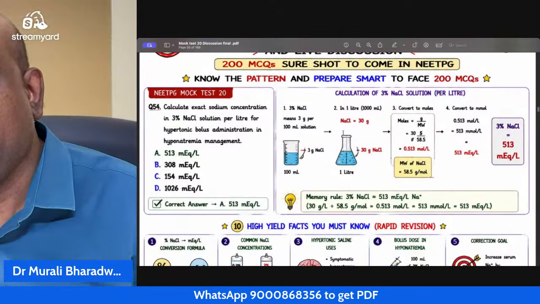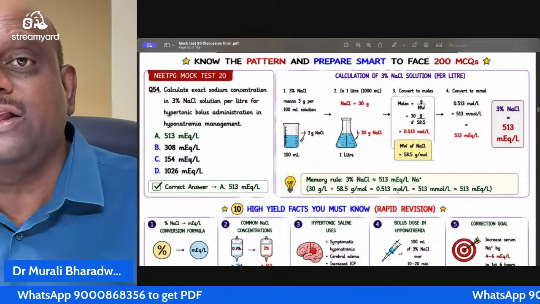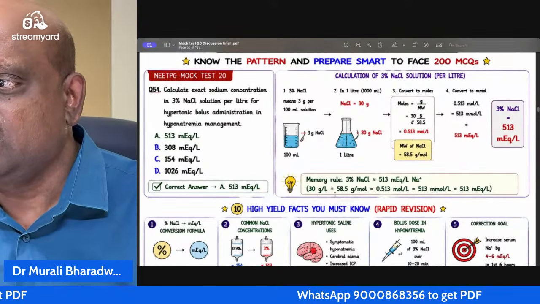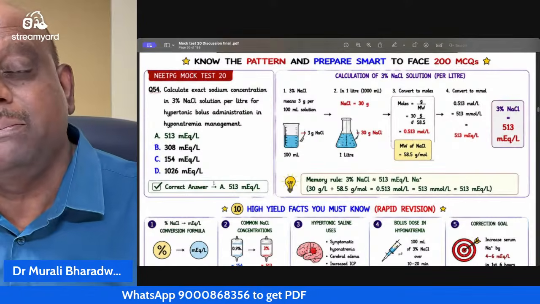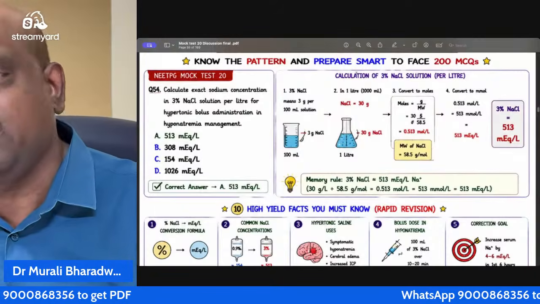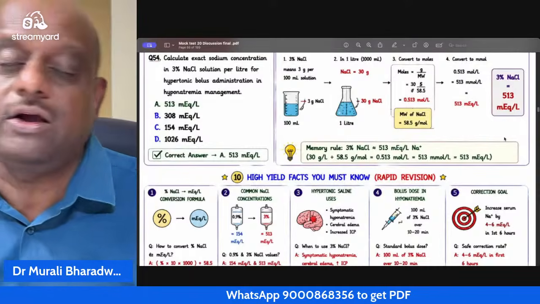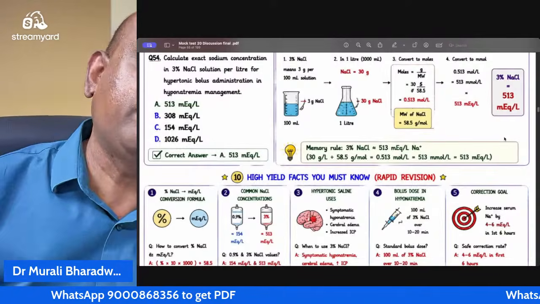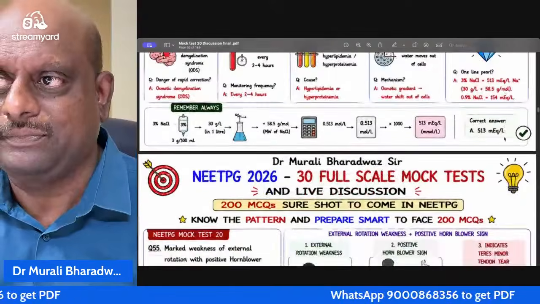So, if you look at 3% NaCl, there is 513 milliequivalents per liter. Based on that, you get the calculation very clearly, right? 3% NaCl is equal to 513 milliequivalents, whereas normal saline 0.9% will provide 154 milliequivalents per liter, is what we should remember, right?